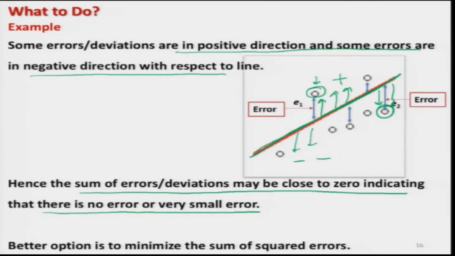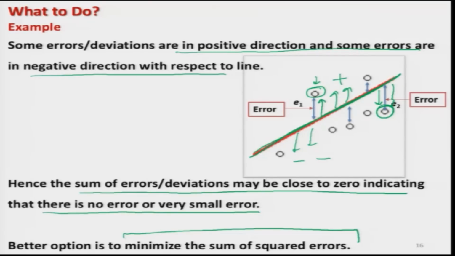So now I need to devise a methodology by which I can change the sign, or get rid of the sign. I have two options: either I take the absolute value or I square these errors. I opt to consider the sum of squares of these errors.